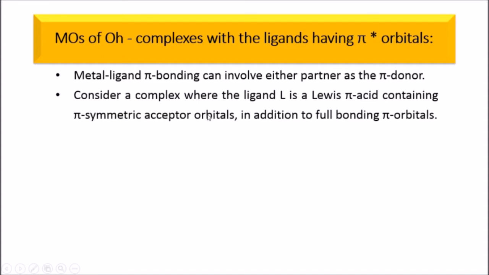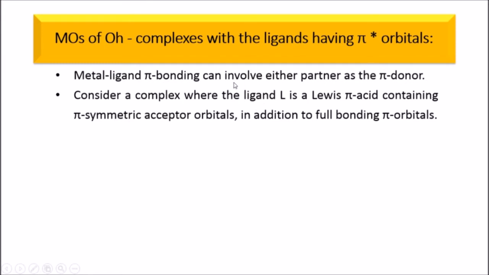These pi anti-bonding acceptor orbitals gain electrons from the metal through back donation, and gaining electrons means Lewis acidic nature. Initially, in sigma donation and pi donation, the ligand acts as a pi base, but when the empty pi star anti-bonding orbital accepts the electron, the ligand's pi orbital acts as a pi acid, and the metal acts as a pi base.